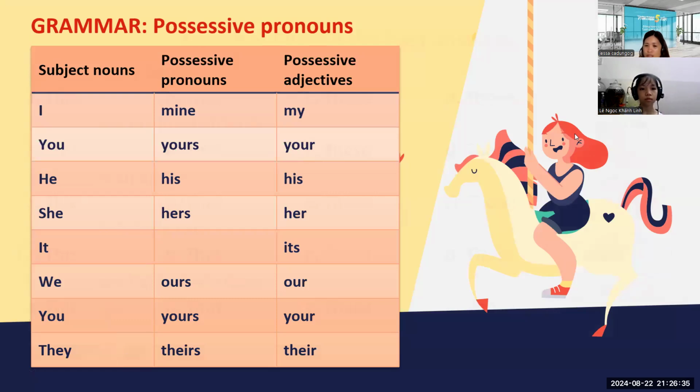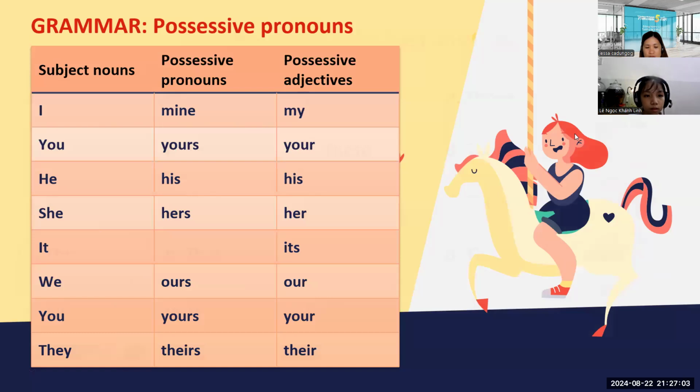So we have here the subject nouns. What are examples of subject nouns, Lynn? We have I, you, he, she, it, we, you, they. Okay. How about possessive pronouns?